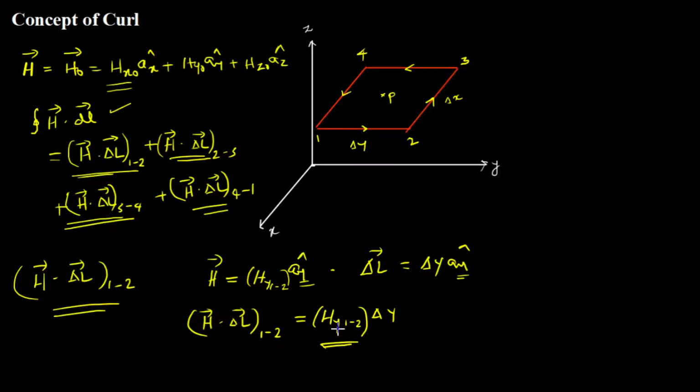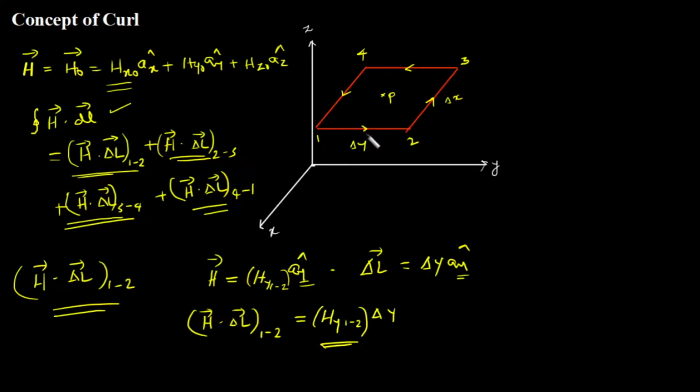Okay, and the rate of change of Hy along the x direction. Why along the x direction? Because at this particular point the magnetic field intensity is measured as Hy0, and when you are traveling towards this section, because I want to know what H is somewhere on this line, if I assume that it is uniform, then anywhere on this line if you calculate, Hy(1-2) will be the same.